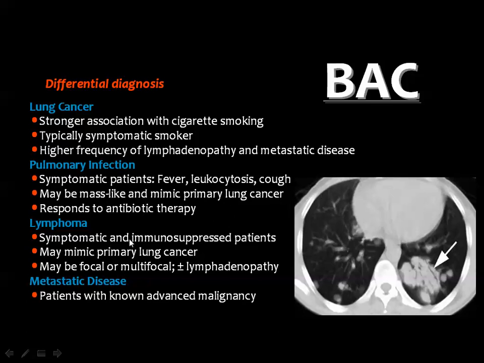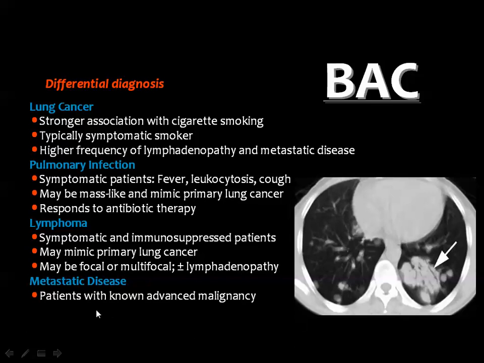Lymphoma has a great overlap with bronchoalveolar carcinoma, because lymphoma may present as a patchy opacity with internal air bronchogram similar to a pneumonic consolidation, usually seen in immune suppressed patients, and is usually multiple and usually associated with lymphadenopathy.